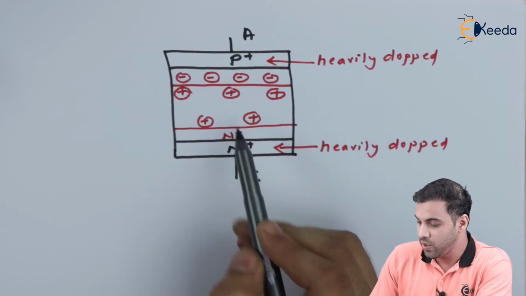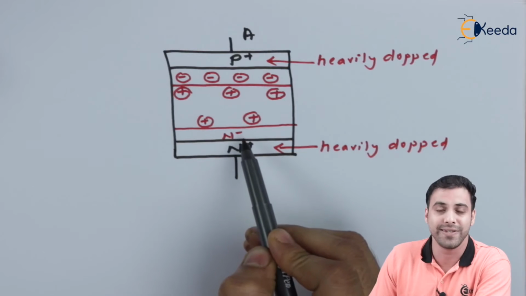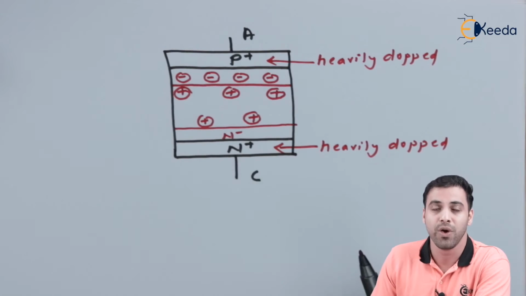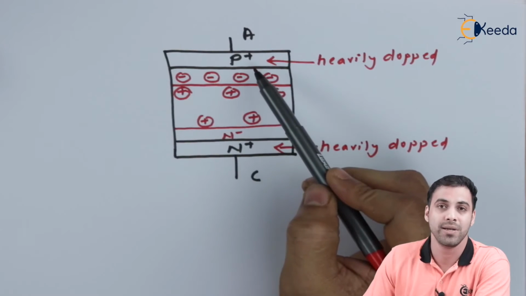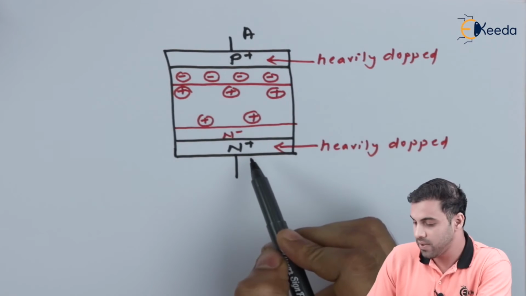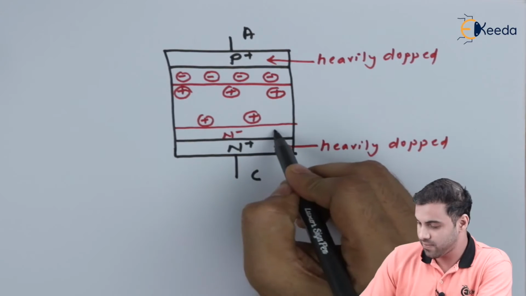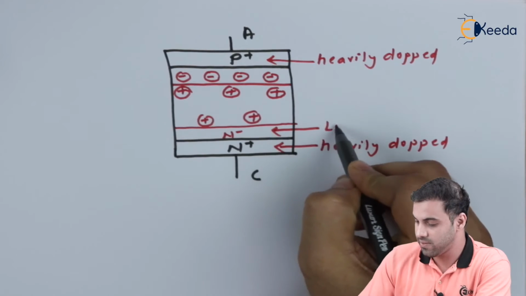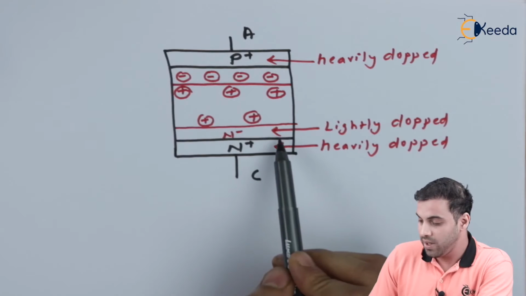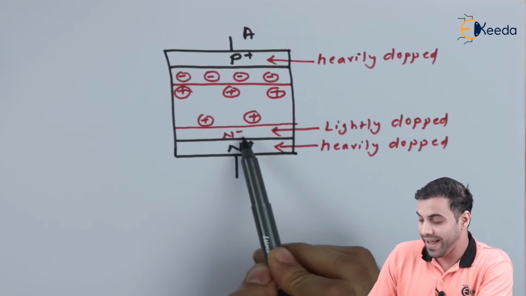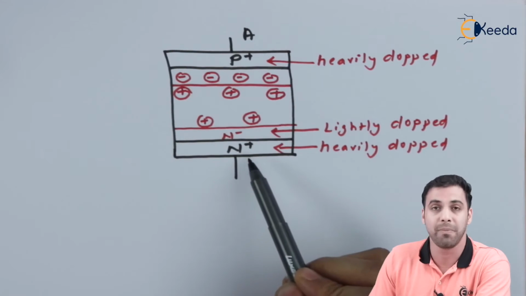Here you can see there is a small n minus region, which is very lightly doped, formed in between the n plus and p plus layers. So a very lightly doped n minus layer is formed between the p plus and the n plus layer.